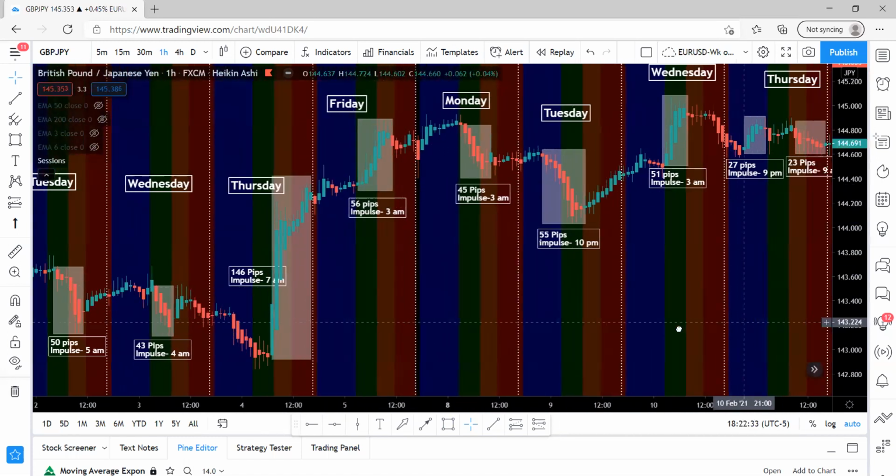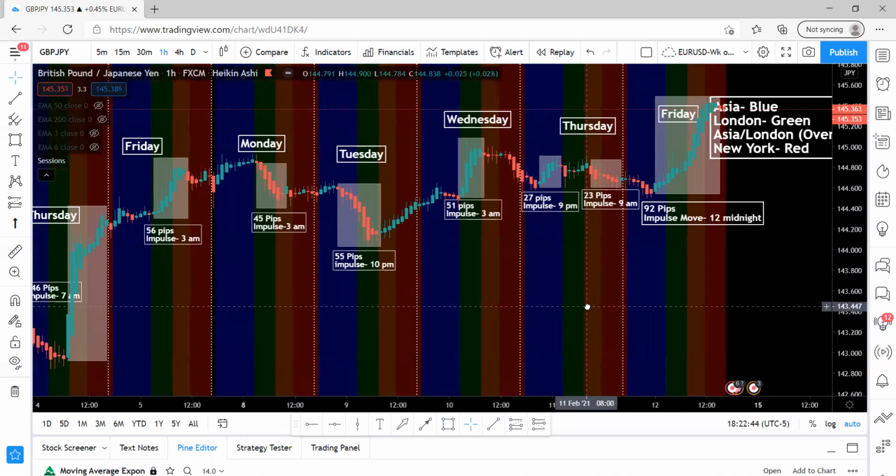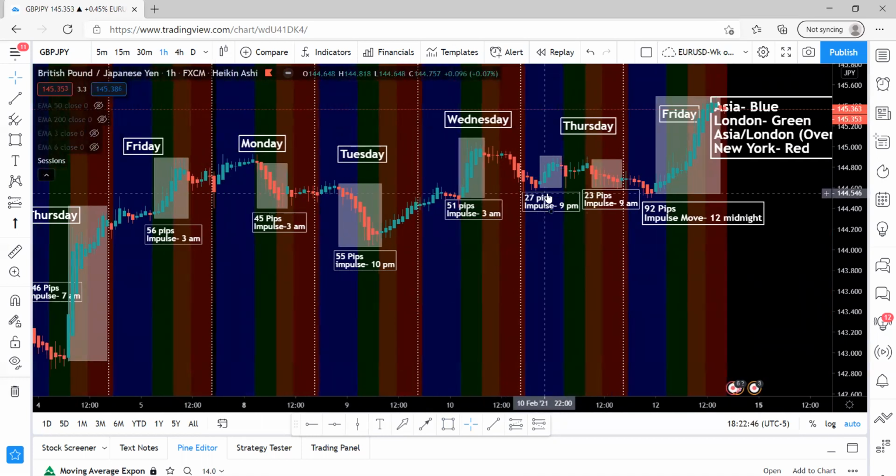during certain sessions. So this is GJ, which typically will move during London and Asian session. So if you can see, notice each day is moving during those sessions. So here there was an impulse, smaller impulses, but Thursday didn't look like it moved too much, but it was an impulse in the Asian session, and then it was again in the London, New York.